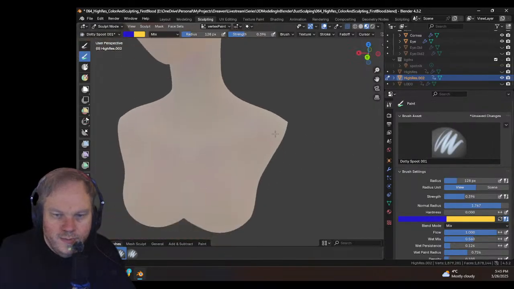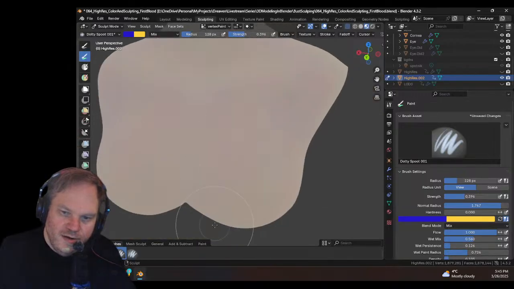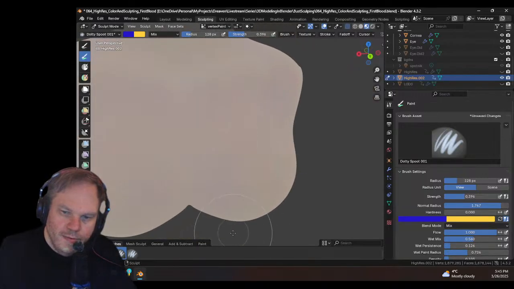Blue with the veins, on the veiny. It's strong.